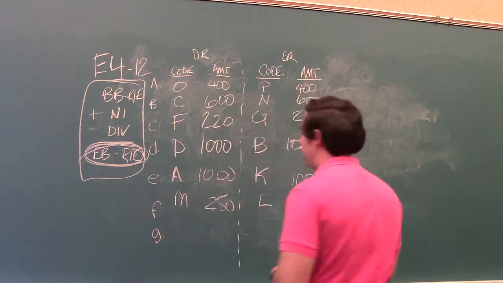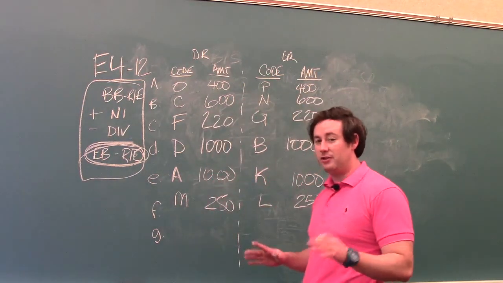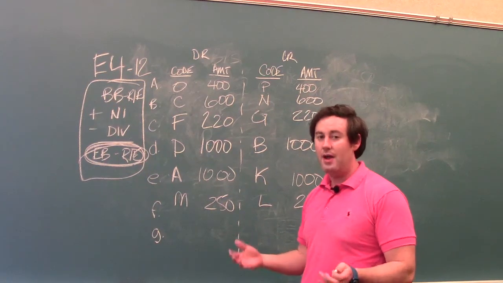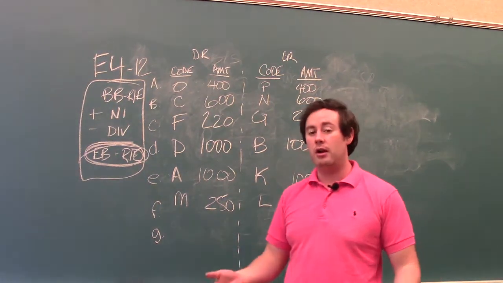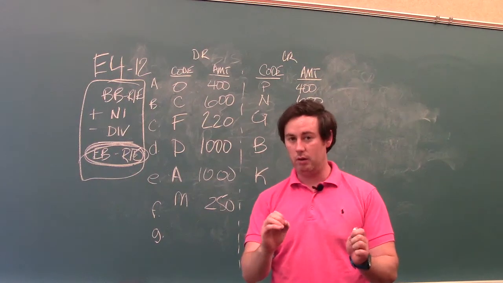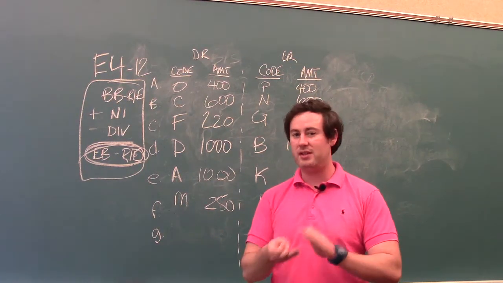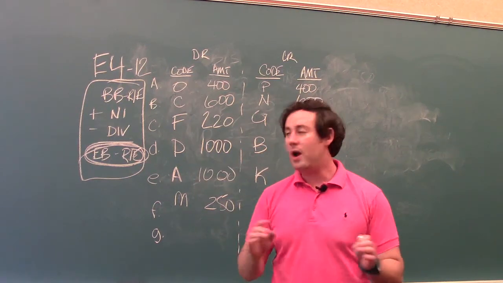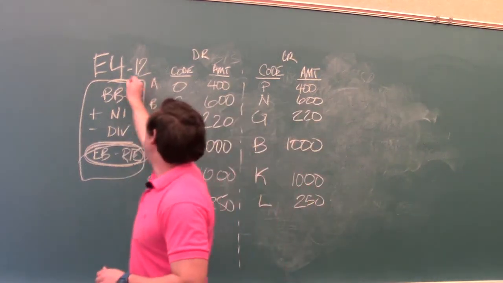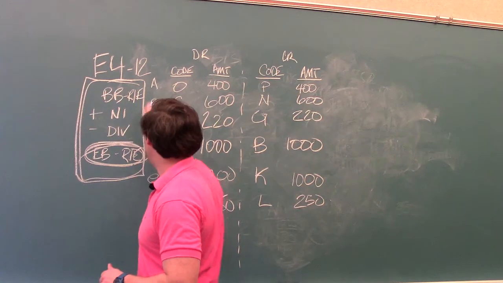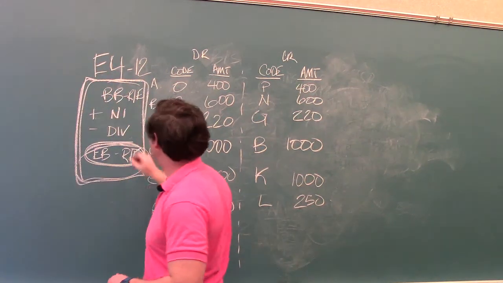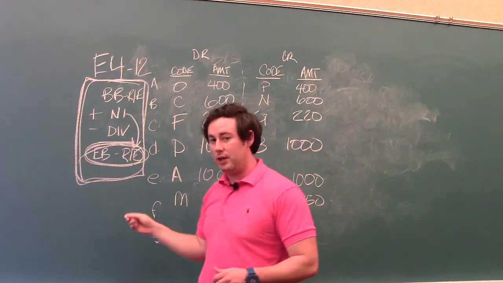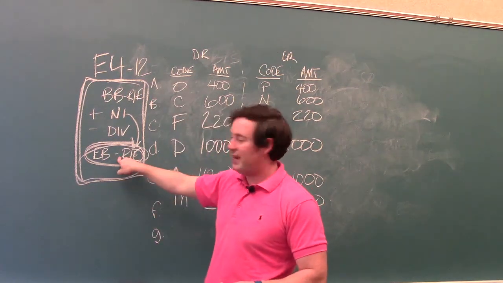When I told you earlier that income statement accounts are temporary, we also call them nominal, meaning that at the end of the year, these accounts will go to zero. All the income statement accounts, the revenues and the expenses, they all go to zero at the end of the year, right? But where do they go to? Well, looking at this calculation, you can see that all the income statement accounts, which include revenues and expenses, go to retained earnings.